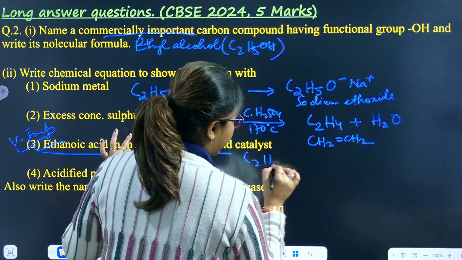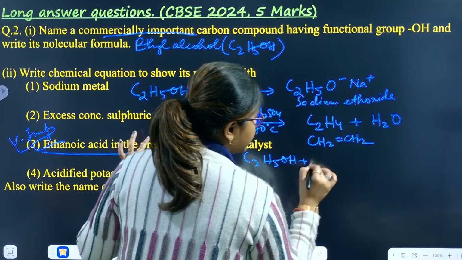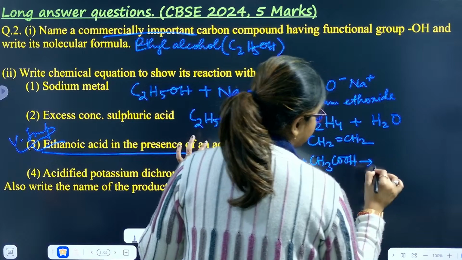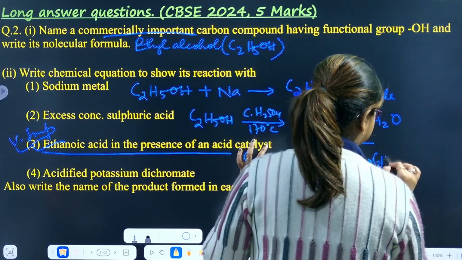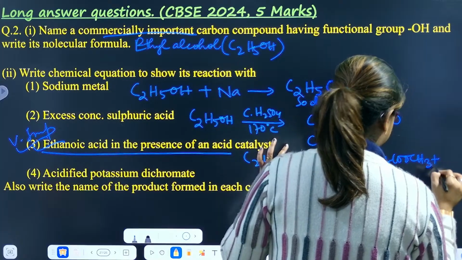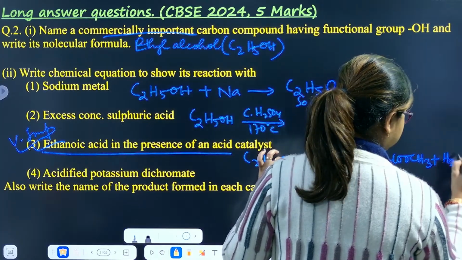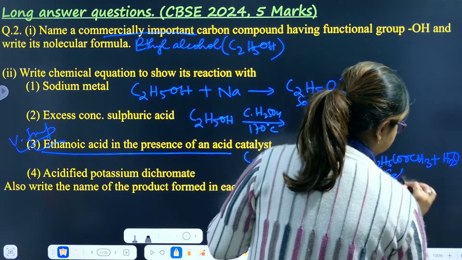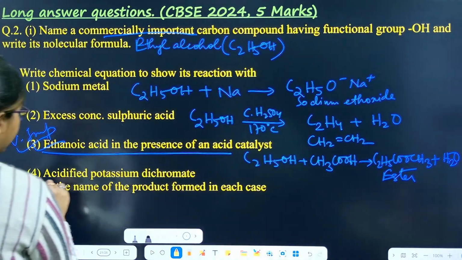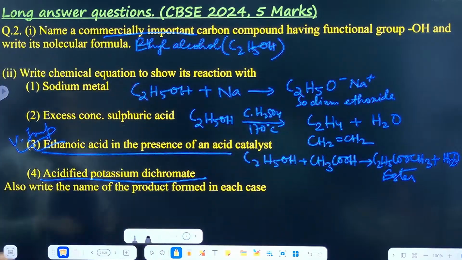So C2H5OH reacts with ethanoic acid to generate ester. Okay, esterification reaction.